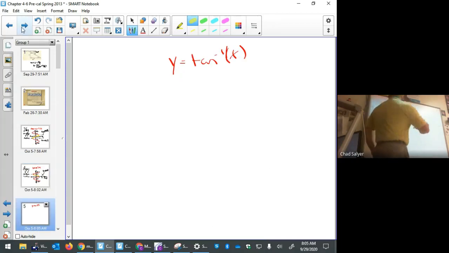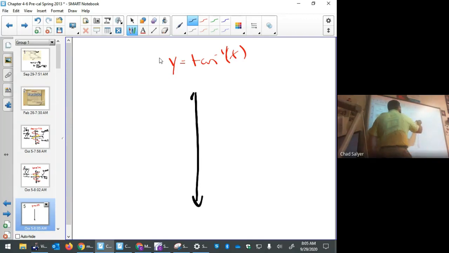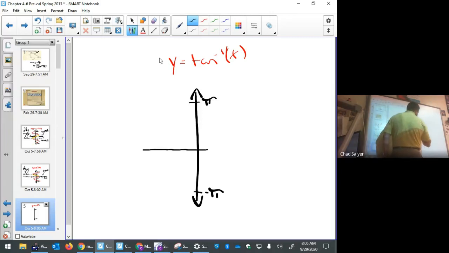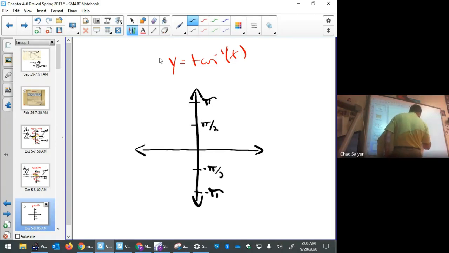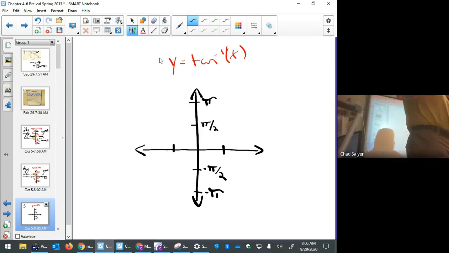Tangent inverse. Let's do it. Remember that we only worried about pi to negative pi with the tangent because its period was pi. And then remember the range for the tangent was all real numbers.